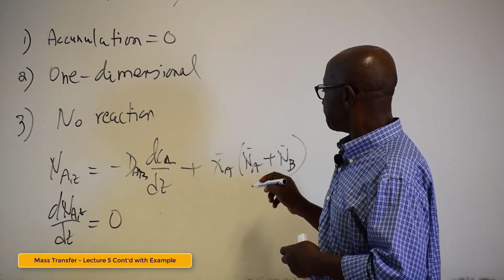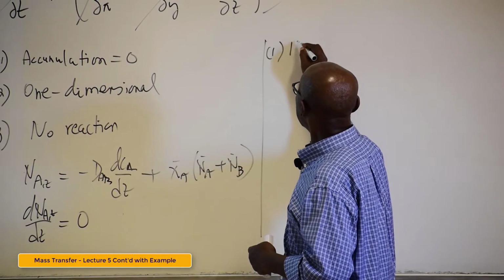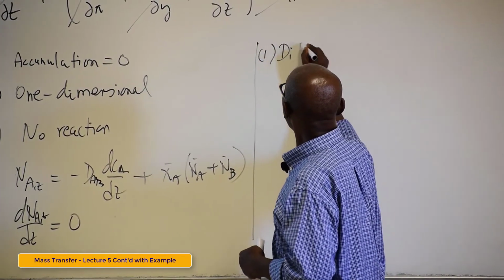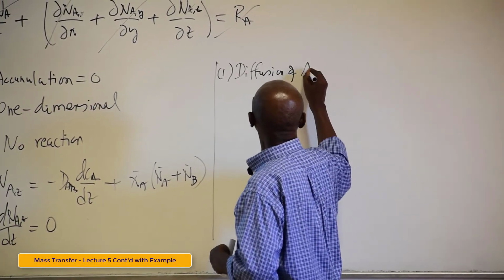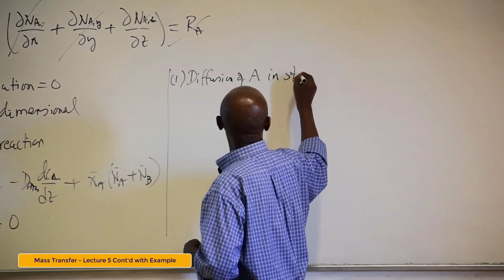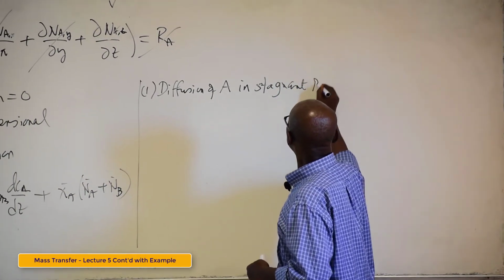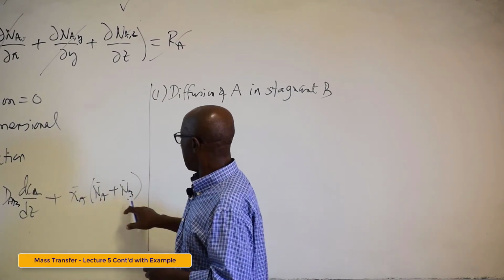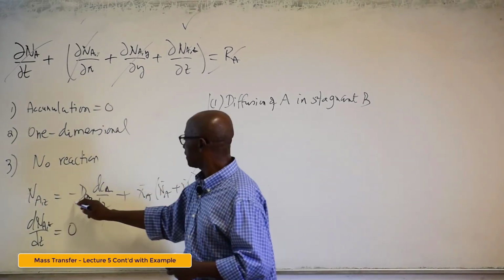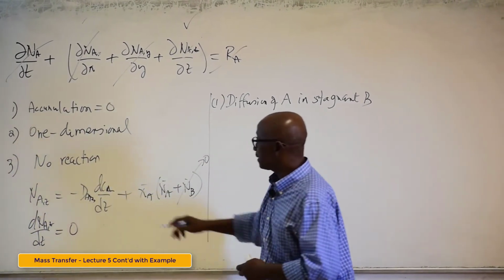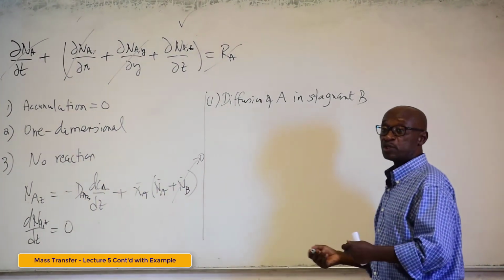So for instance, we have one, diffusion of A in stagnant B. So that allows us to say B is stagnant, N_B is 0. We bring N_A here, and we still substitute for this N_Az, and then we solve it.